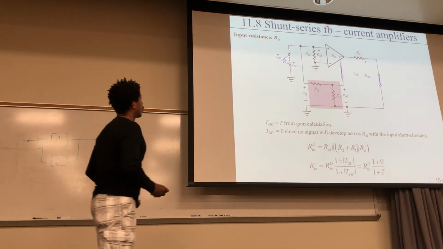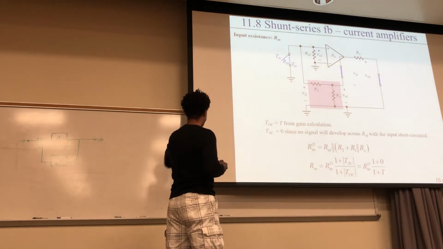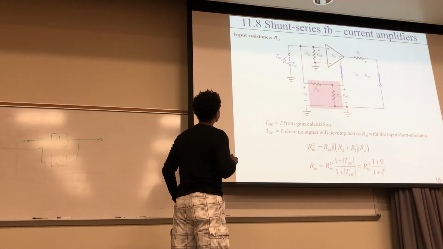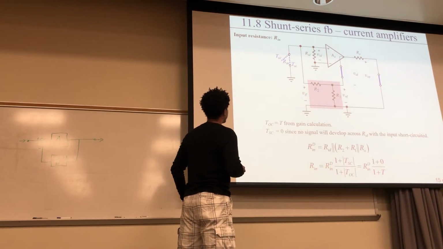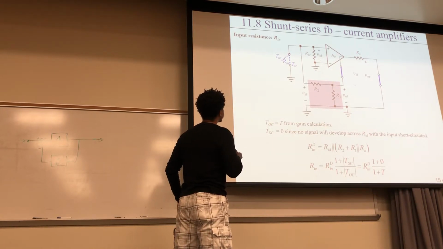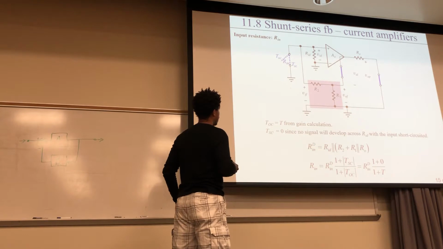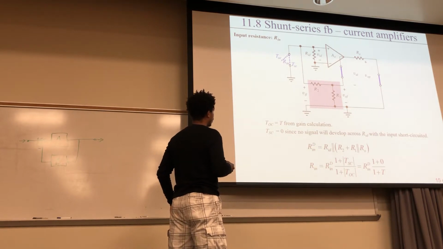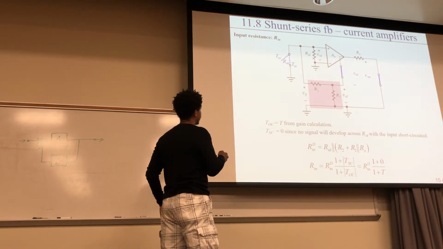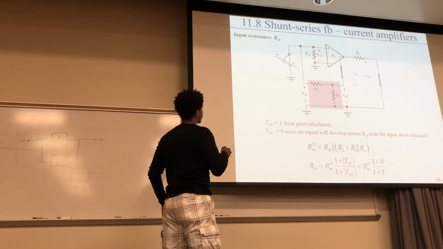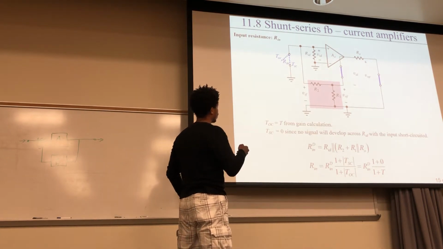All right. So for the input resistance, for this piece right here, if it's an open circuit, then this is the same thing that we got from our gain calculation before. If it's shorted like that, then that's ground, and so that's all ground right there, and it's all zero because no signal will develop across this RD. Because if that's ground, that's going to be ground.